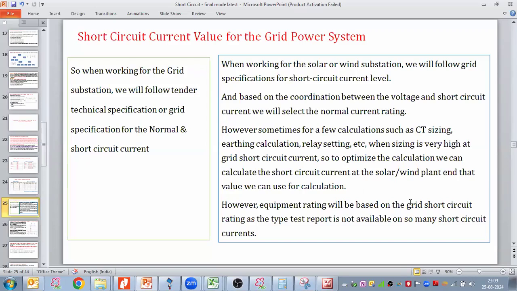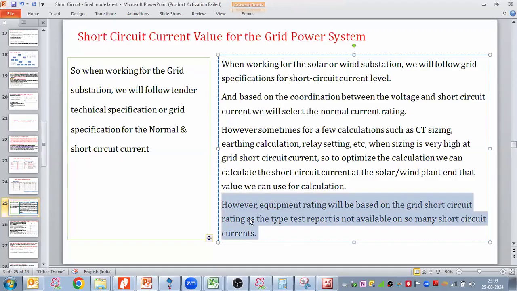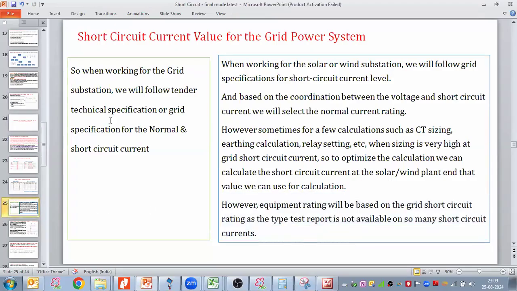Even if your short circuit is 10 kiloampere, you have to use a breaker at 40 kiloampere because of type test limitations. Each manufacturer has to follow the grid regulation.